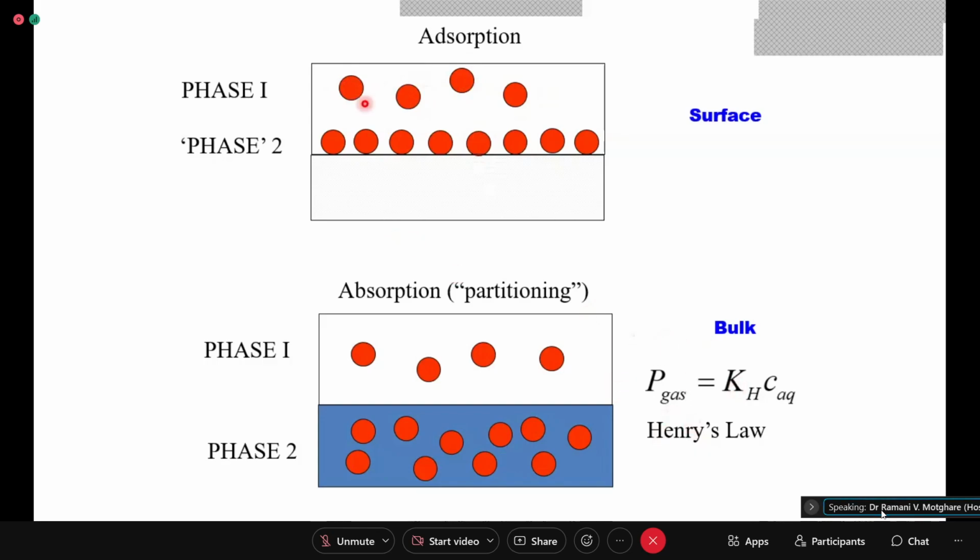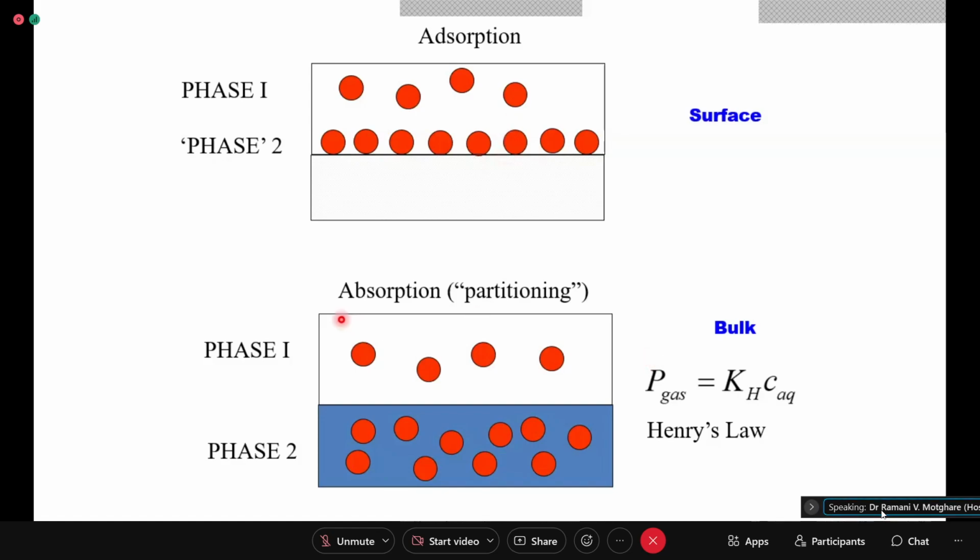If it is a liquid-solid interface, then you have the concentration of the solution expressed instead of pressure. So either pressure will be there or concentration will be there. So this is one interface.